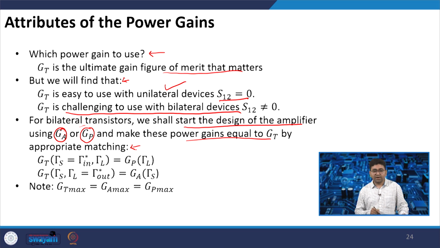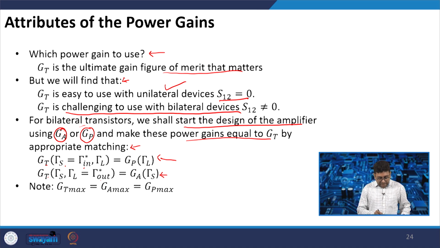How can you do this? All the formulas are interrelated. If you make GT where gamma S is equal to gamma in conjugate, it is a function of gamma L, it is nothing but GP of gamma L. Similarly, GT where gamma L is the output conjugate match, GA is a function of gamma S. So, GT you can represent in terms of GP and GA.